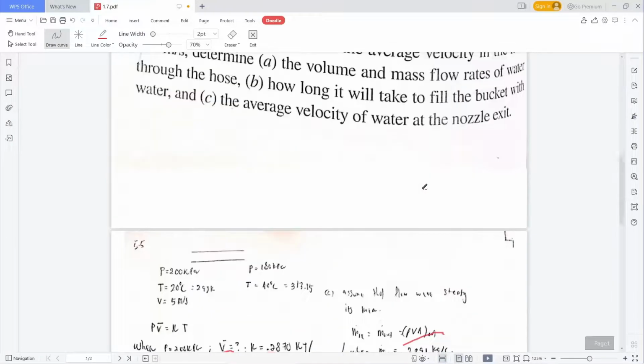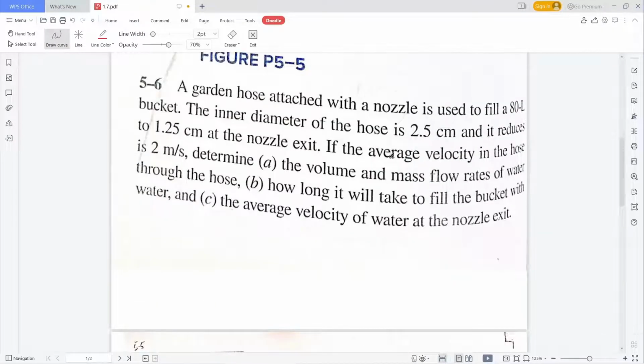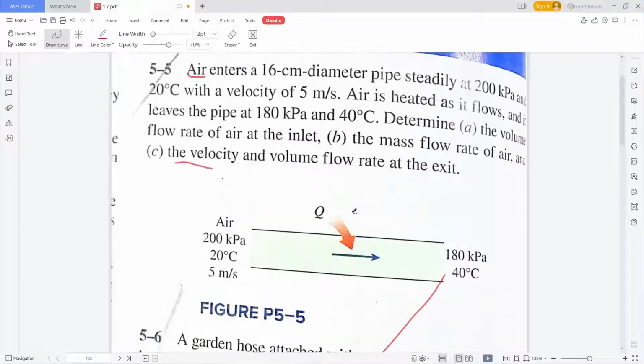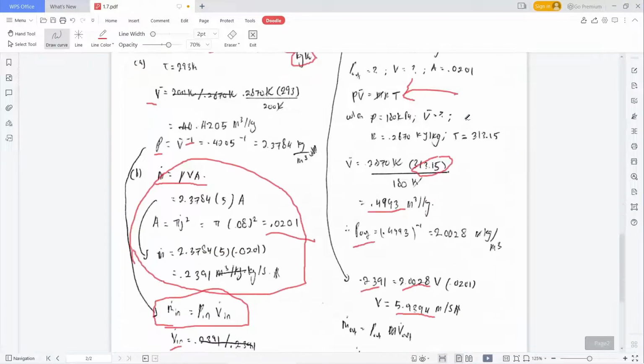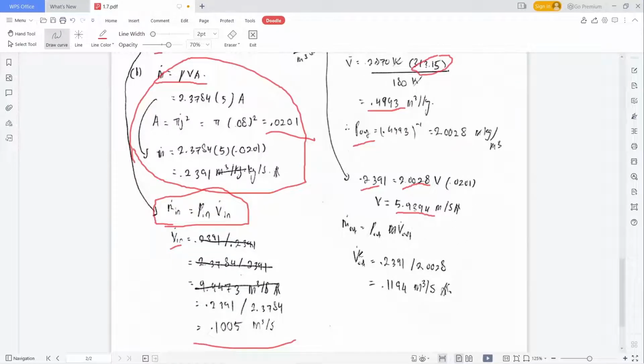The last question, but nonetheless: the volume flow rate at the exit. You can get it from this equation. Mass flow rate out equals the density at the outlet times the volume flow rate at the outlet. Since we want to find the volume flow rate at the outlet, we bring this equation to the left side.